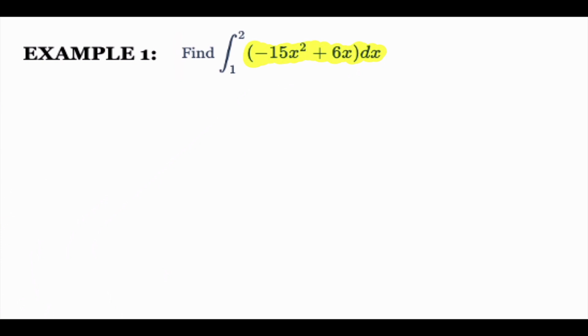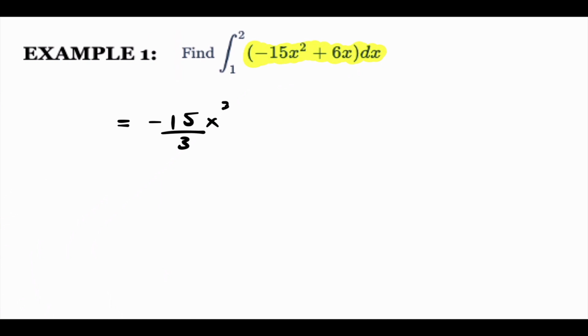Don't even worry about the bounds right now. The bounds are meaningless right now. How do I find the antiderivative? Like, what's going to be the antiderivative of negative 15x squared? Right? Add a power, divide by the new power. We've done that. Okay. So negative 15 x cubed divided by 3, right?